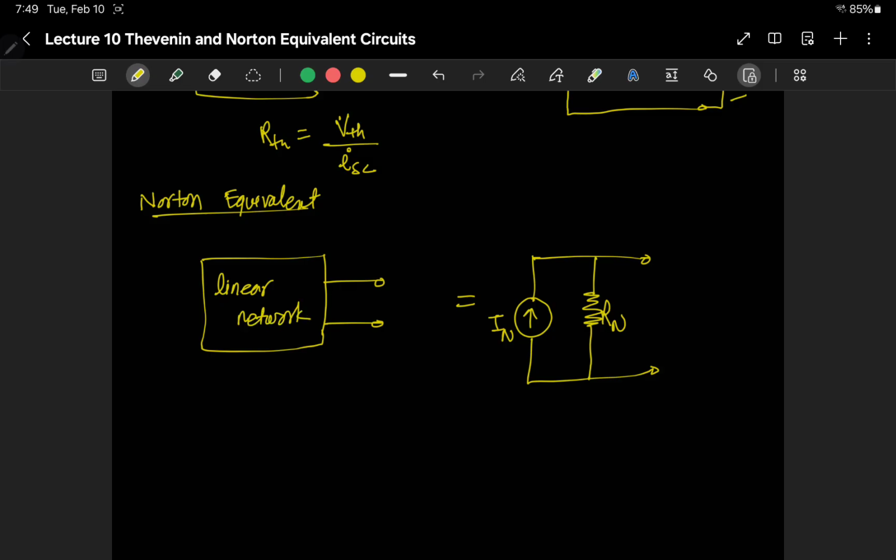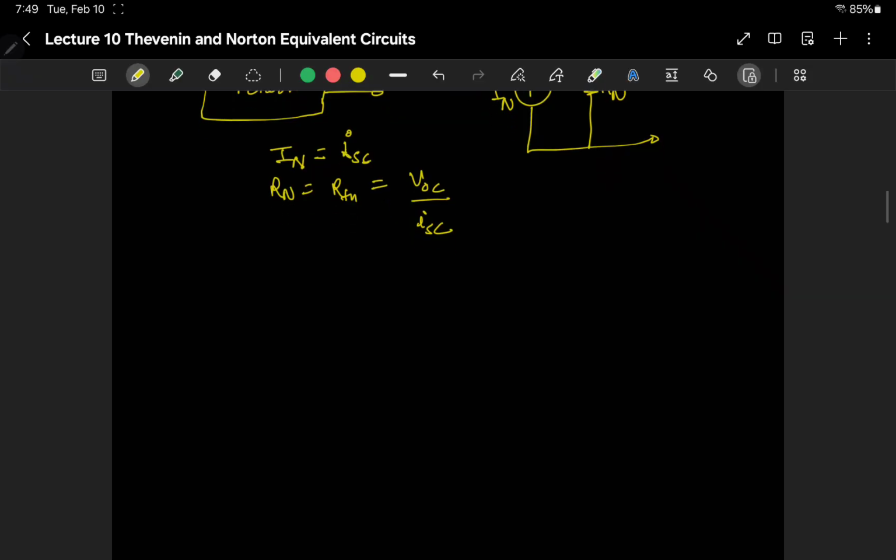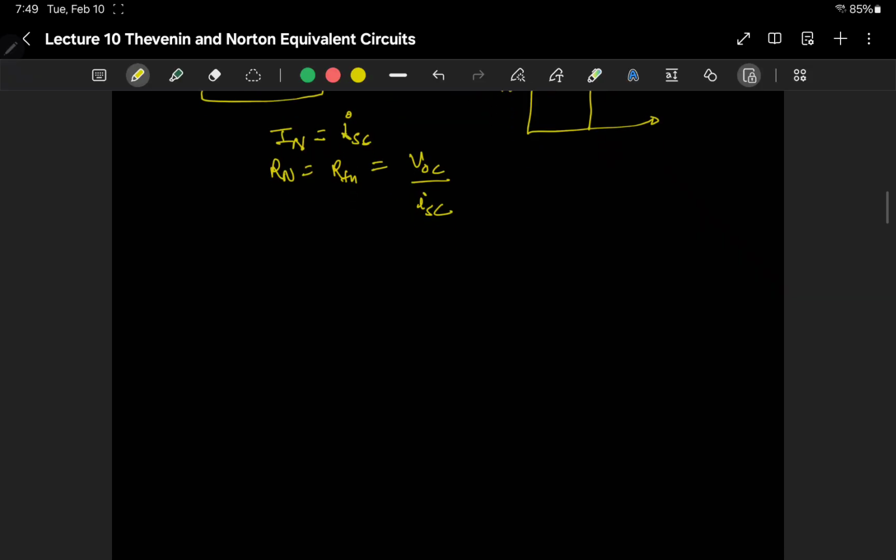Okay, so I'm skipping the derivation right now. We just have to keep in mind that In will be equal to the ISC, the short circuit current we calculated in the earlier case, and the Norton resistance equals the Thevenin resistance, which is VOC divided by ISC.